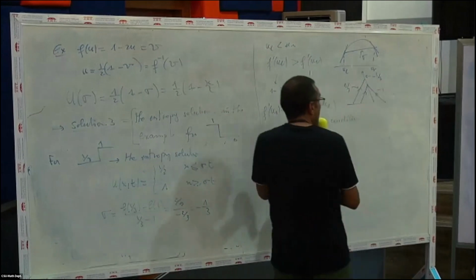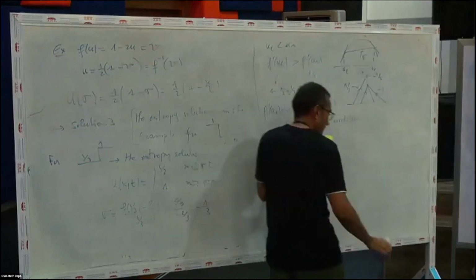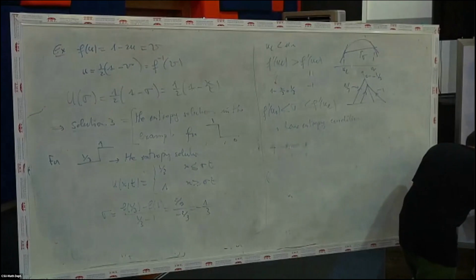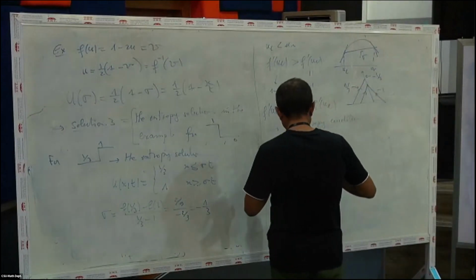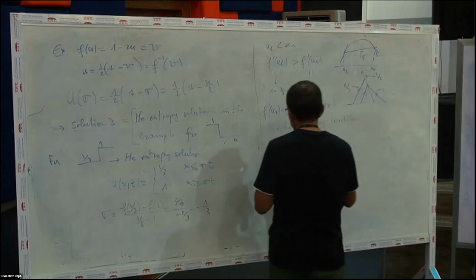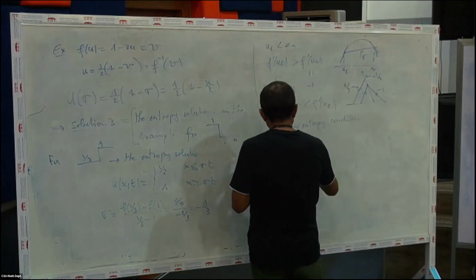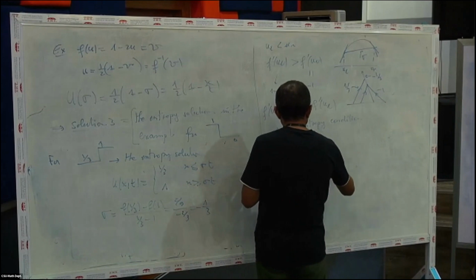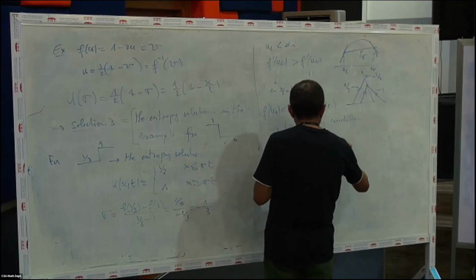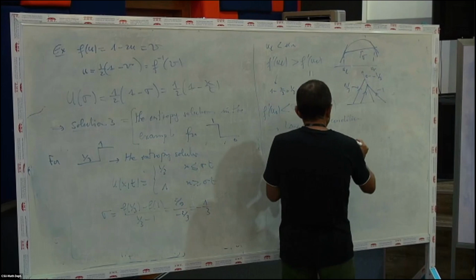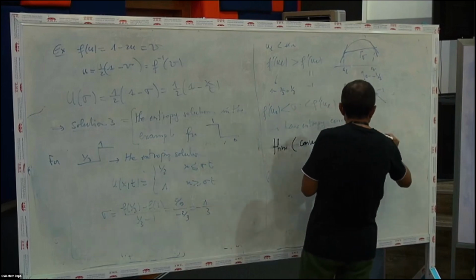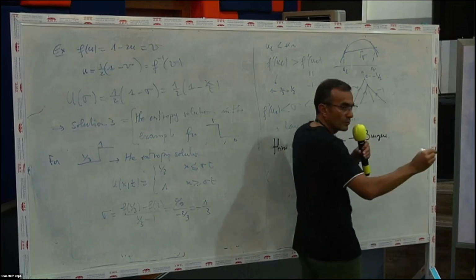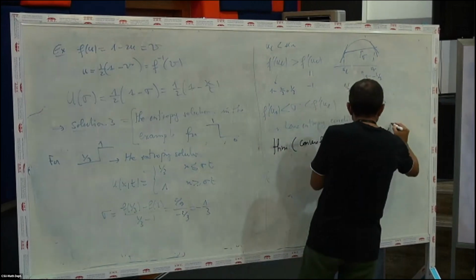Now, if you take a convex function, for example, Burgers, f(u) = u²/2, Burgers equation, it's a case.